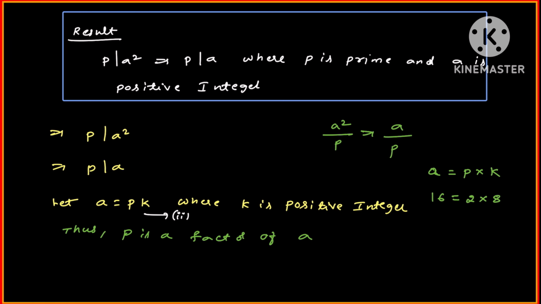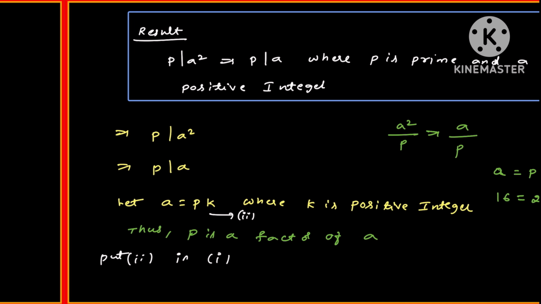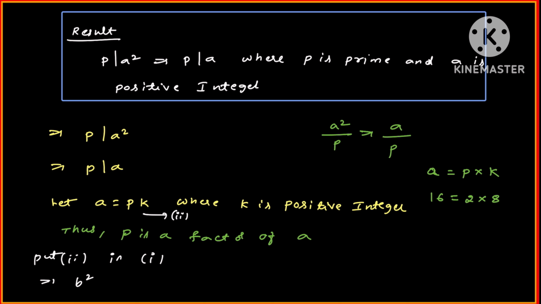Put a value from 2 in 1: replace a in place of 1, we get b square is equal to, in place of a replace p k, whole square by p. That implies b square is equal to p square k square by p. One p gets cancelled, we get b square is equal to p into k square.